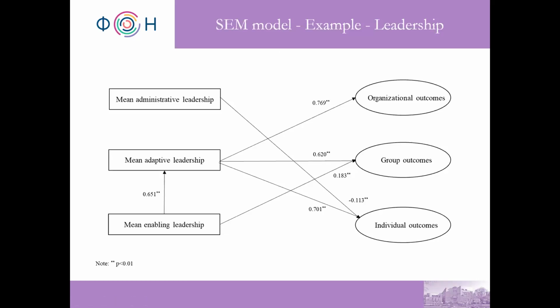This is an example of a SEM model which we created for a study on leadership. Here we wanted to explore how different types of leadership have an impact on different types of organizational outcomes. Each of these outcomes has been measured using different measured variables.